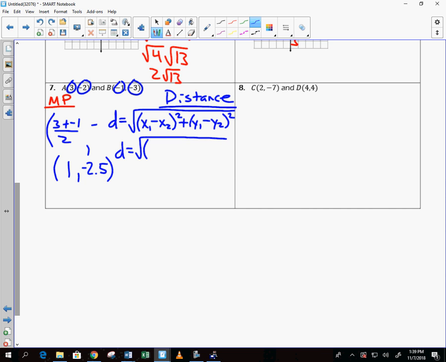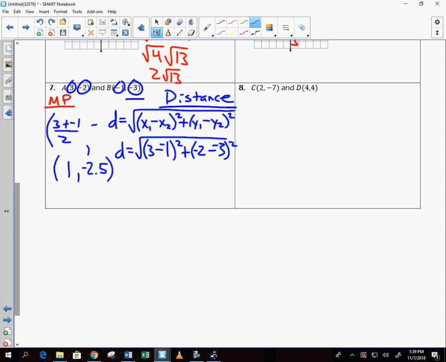What do you plug in for x1? 3. What do you plug in for x2? -1. What do you plug in for y1? -2. What do you plug in for y2? -3.